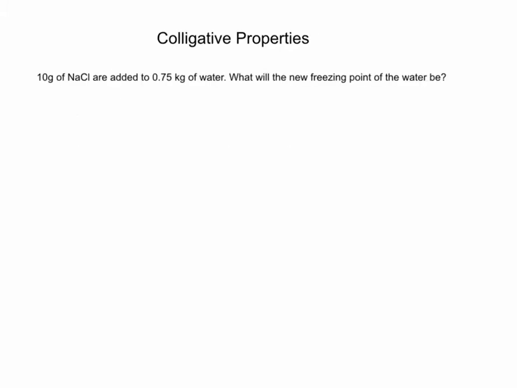Let's look at a sample problem. So 10 grams of sodium chloride are added to 0.75 kilograms of water. What will the new freezing point be? Well, this is a freezing point depression, so the equation will be delta Tf equals i times Kf times the molality.